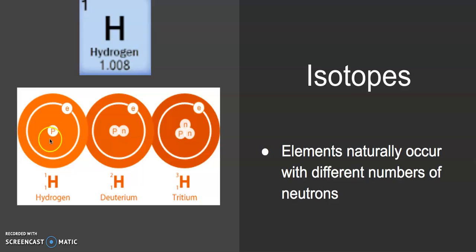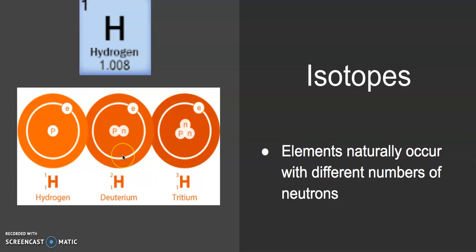As we spoke about in the beginning, sometimes hydrogen doesn't have a neutron. It just has one proton, and that's fine because there's no force trying to force the protons apart from one another. So it doesn't need a neutron, but it can have one.